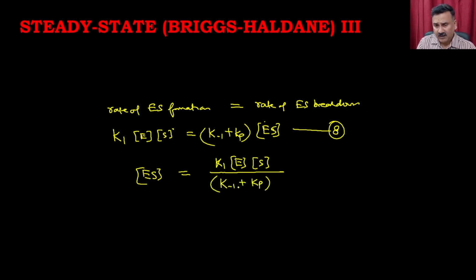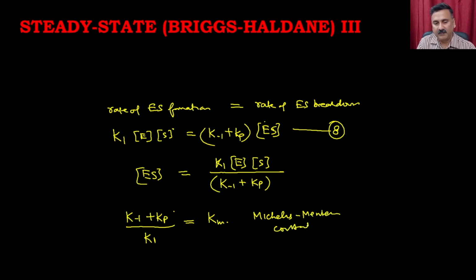Now, K minus 1 plus Kp upon K1, so this one, right? K minus 1 plus Kp divided by K1 is going to be called Km, or the Michaelis-Menten constant. Okay, this means you can use this instead of this, right?